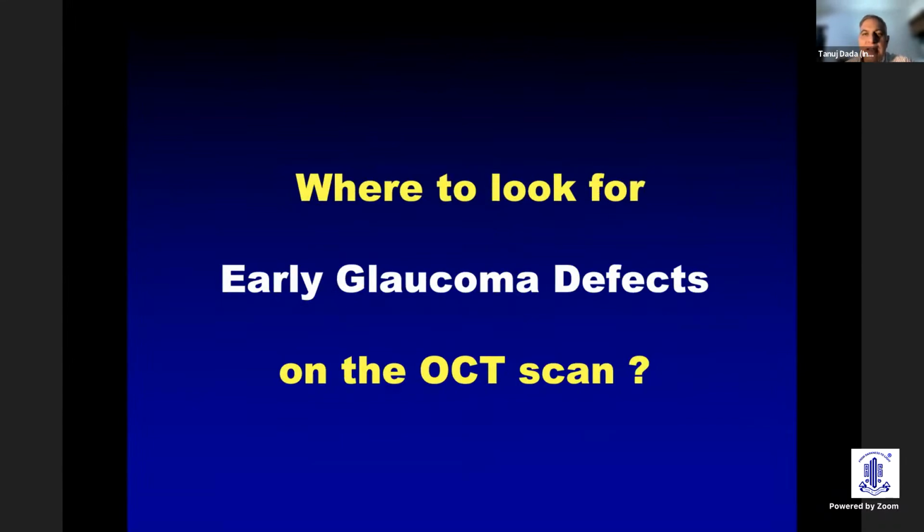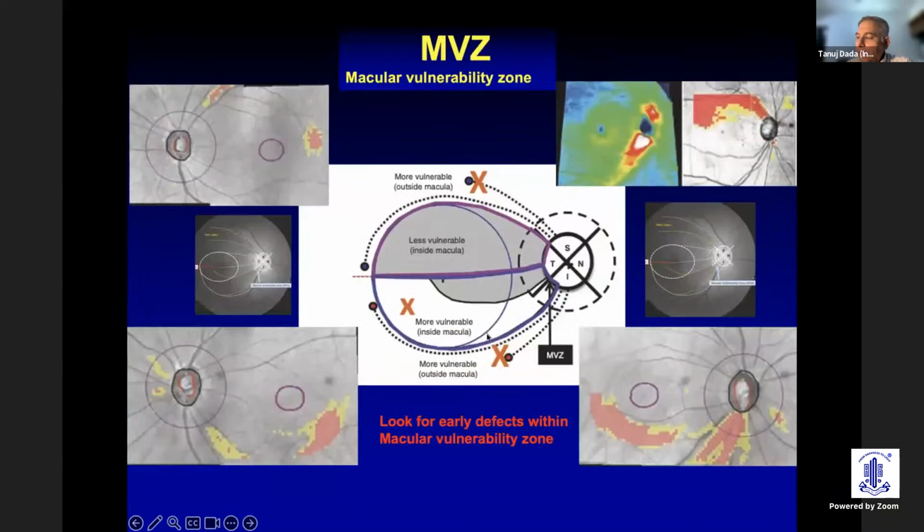The next important thing is where to look for the glaucoma defects on the OCT. And here I just want to make a point about what is known as the macular vulnerability zone. This is the part of the macula, especially in the inferior temporal region, which is most vulnerable. Most of the early defects you will get in the inferior temporal part of the macula.